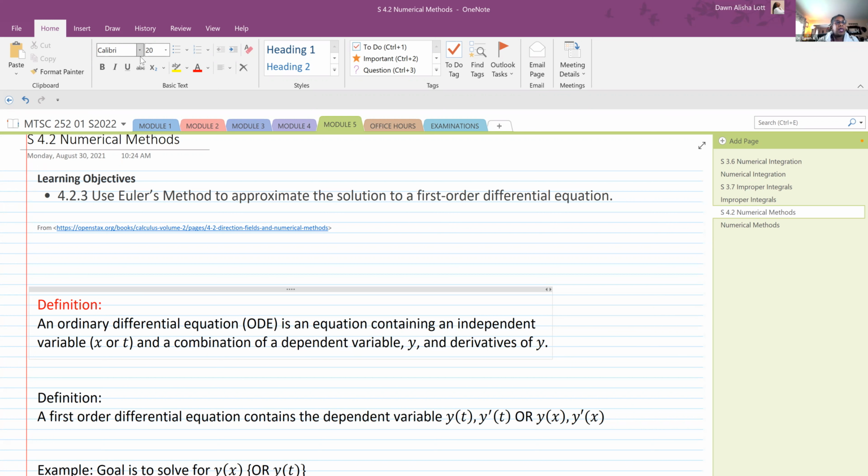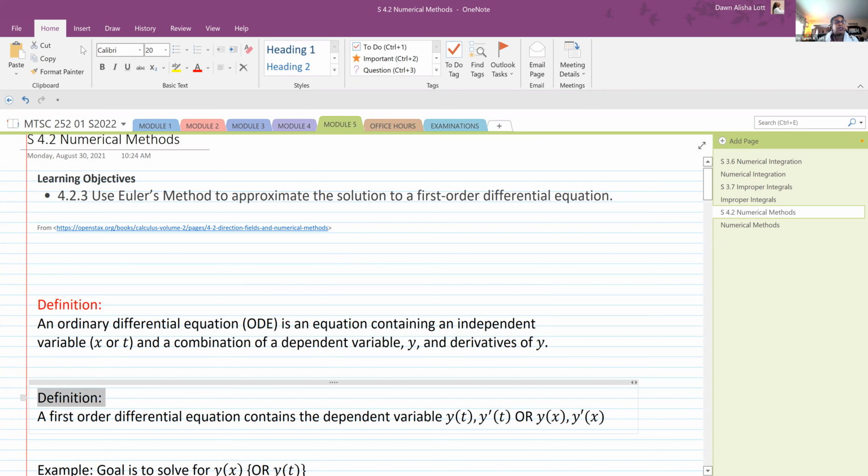Okay, so the second definition: a first order differential equation contains the dependent variable y and y prime, or y and y prime of x.